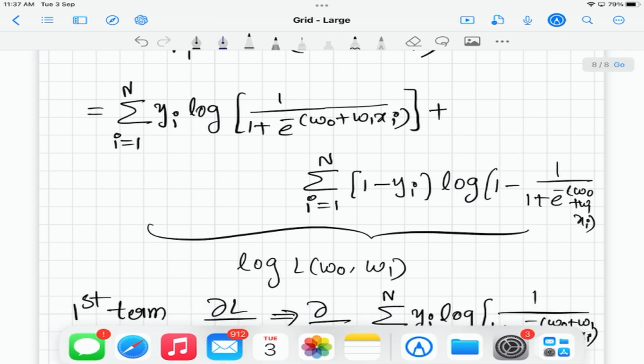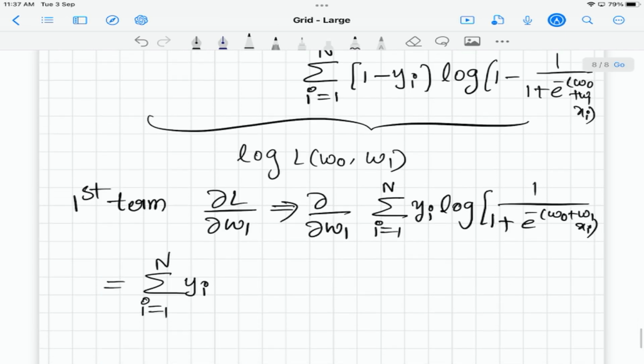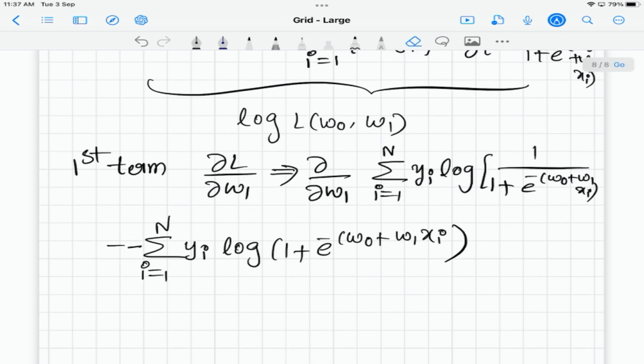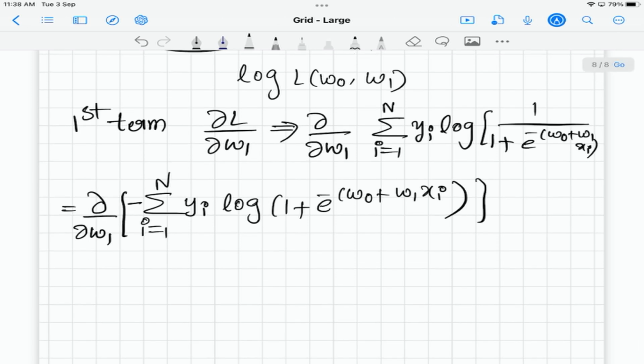Or else you can simplify this by keeping the negative term here and then apply your derivative. So this term can be written as minus of log.